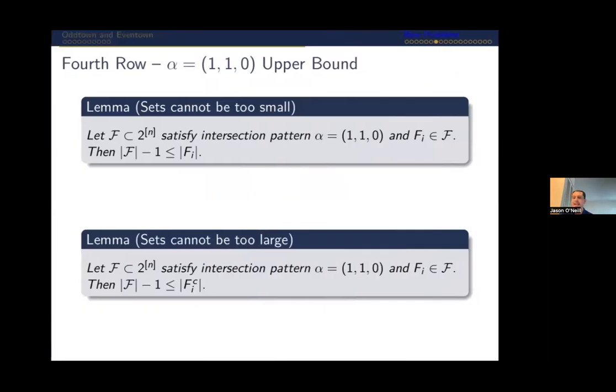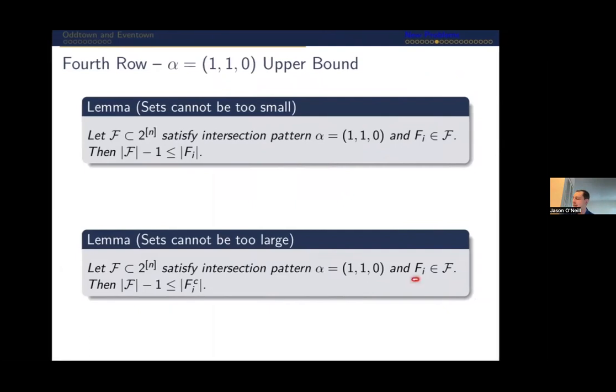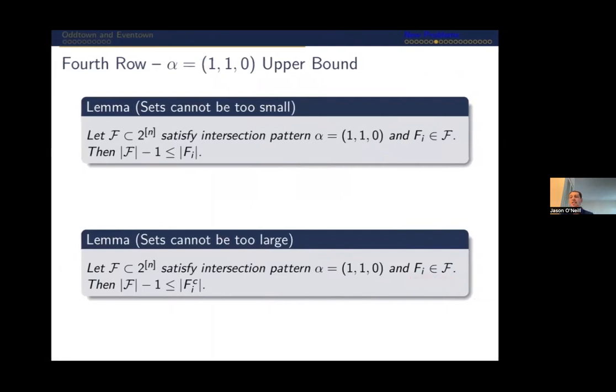Similarly, there is the sets-cannot-be-too-large lemma, and this one's a bit more technical. You just have to be somewhat careful with defining sets and their complements. But it's a very similar idea where you look at a given set and you consider pairwise intersections of the complements.